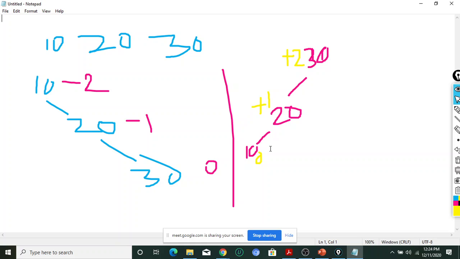But here we see a difference of minus 2 and plus 2. The height of this tree is n, and here also the height is n. But what we are expecting is to reduce the height of a binary search tree so that searching will be faster. Yes or no?